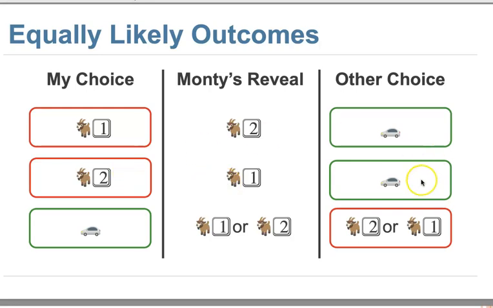Again, if you switch, the other choice is the car. Then if your original choice is the car, right, they will show you either one of the goats. Of course, then the other choice is a goat.